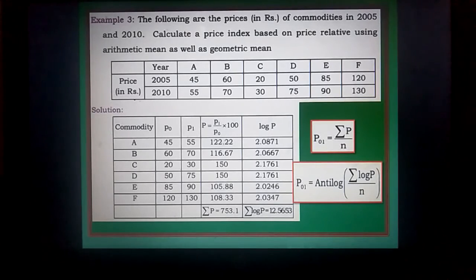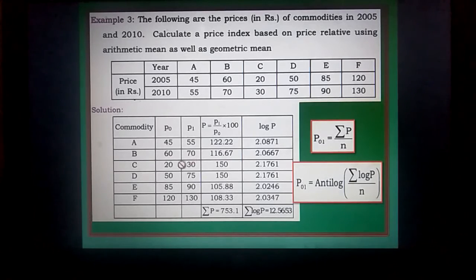In the solution, the 2005 prices are P0 and the 2010 prices are P1, and we need capital P. That's why capital P is calculated as P1 divided by P0 multiplied by 100, which is 55 divided by 45 multiplied by 100, which will be 122.22.